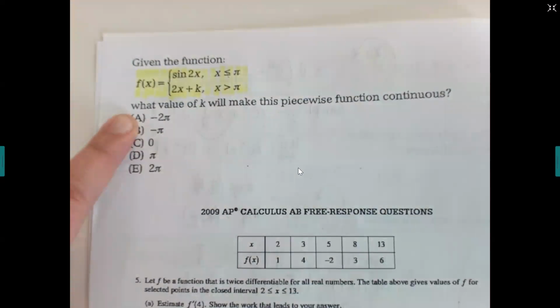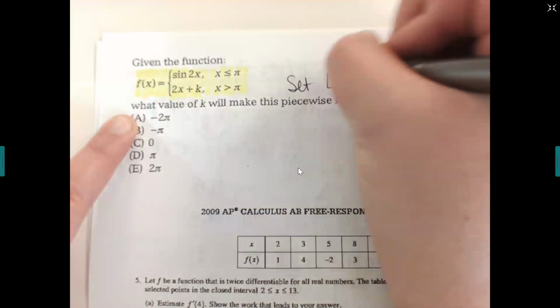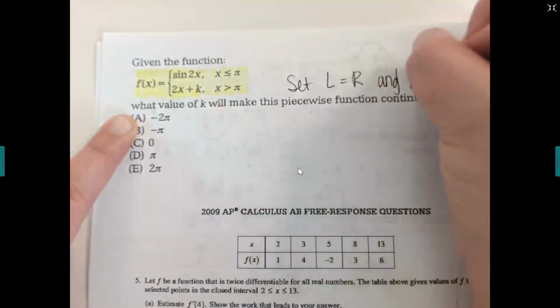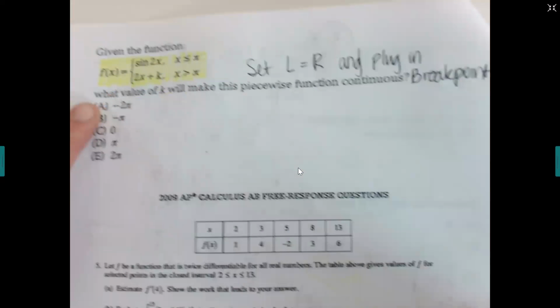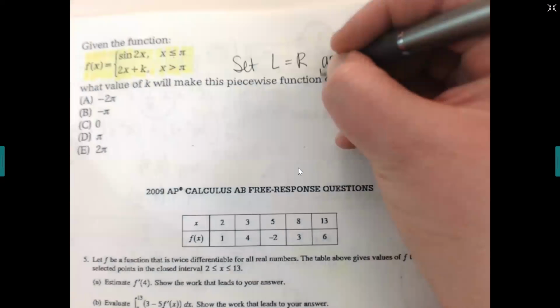Set them equal for what x? Pi. So you're going to set your left equal to your right side, and then you're going to plug in the breakpoints. Set your left equal to your right, and then plug in the breakpoints.